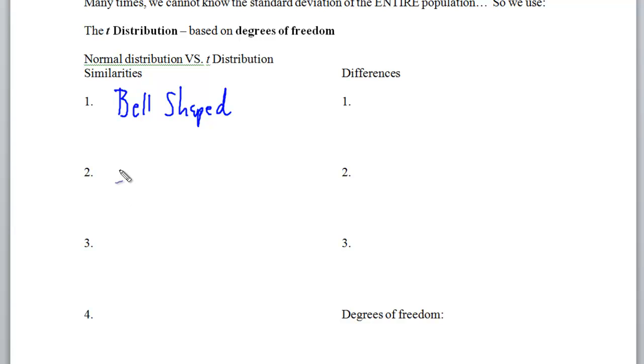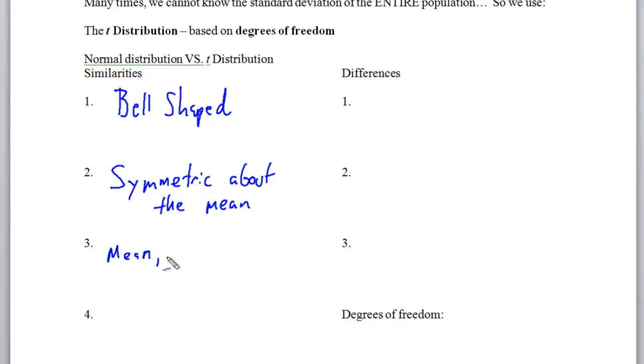The normal distribution and the t-distribution are both symmetric about the mean. And also the mean, median, and mode are all at the center.